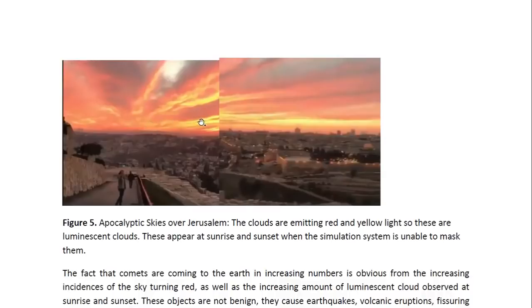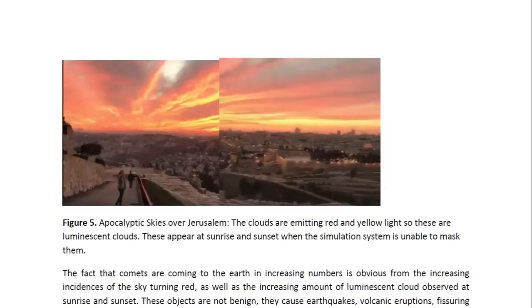This is only possible if the cloud itself is emitting light, and it's emitting light because the condensation that created this cloud was due to stellar core matter entering the atmosphere, and then the Earth material actually emits light because of the energy absorption process.